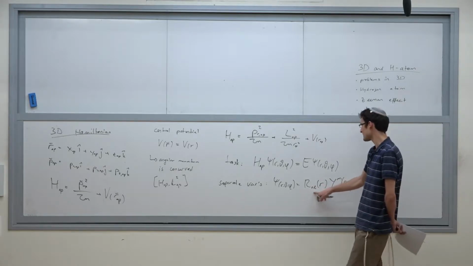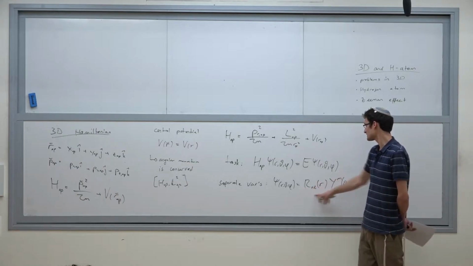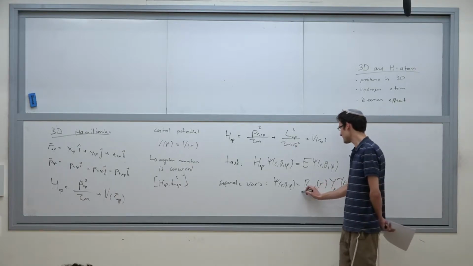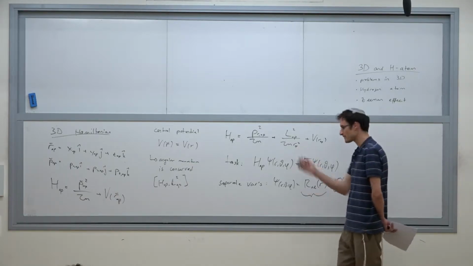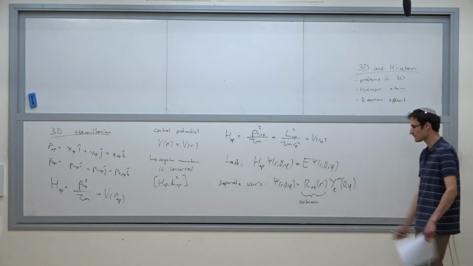We'll see in a second how that happens. And then the only unknown thing is this function here. And so we've reduced the problem to one dimension, because the Y_lm we solved before already.